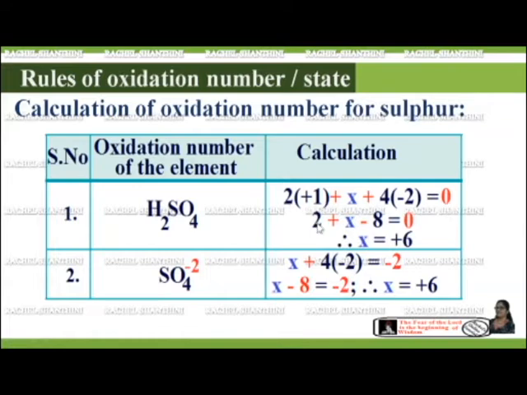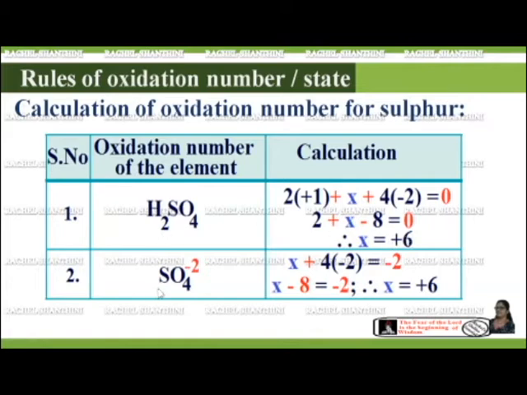So 2 into +1 is 2, plus X, plus 4 into -2 is -8, equal to 0. When this -8 comes to the right hand side, it becomes +8, and this +2 will become -2 when it comes to the right hand side. So 8 minus 2 is equal to 6. So X equals +6, which is the oxidation number of sulfur in sulfuric acid.